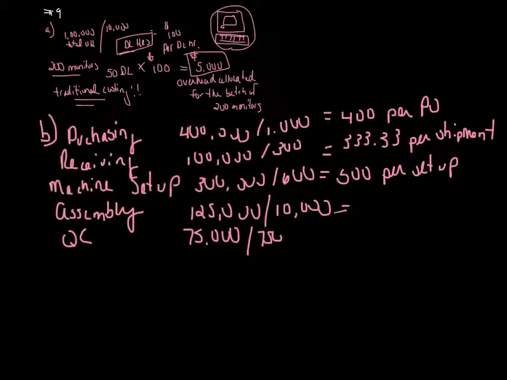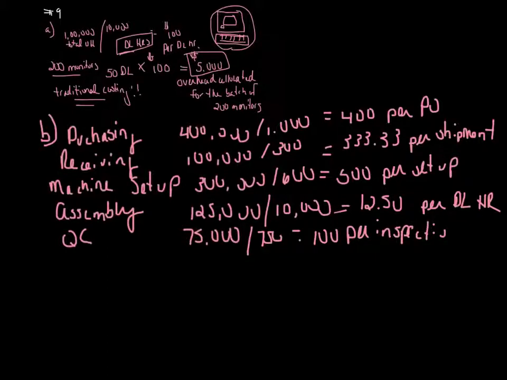And then for assembly, we should get $12.50 per direct labor hour. And then quality control, $100 per inspection. Now we have the rates. And then we have to simply apply those to the 200 monitors that we're actually trying to figure out the allocation for. And they give us that small bit of information there.